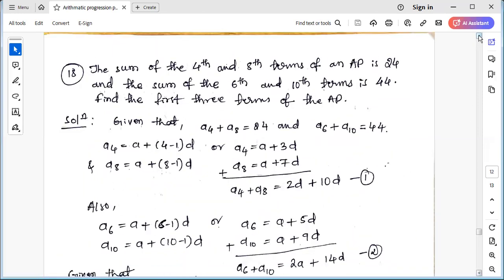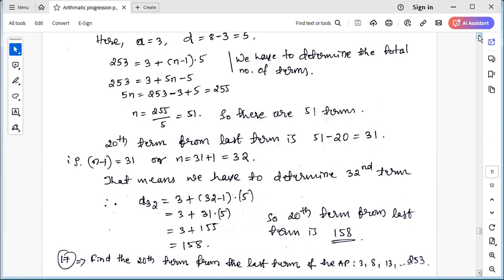To determine the 32nd term, it is enough to have the first term and the common difference. Both are available now. Therefore, a32 is equal to 3 plus (32 minus 1) into d. d is 5.